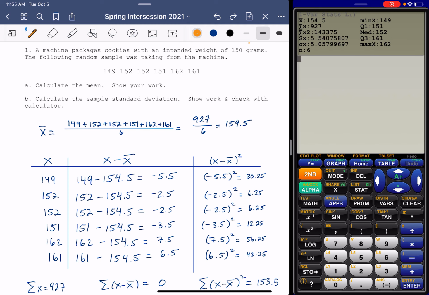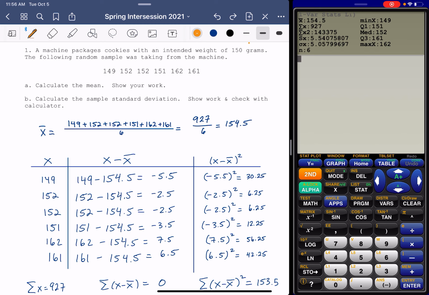So these values that they give us, we're going to put them on a column. You do not have to put these in order. If you have more than one data set or more than one value that's repeated, then make sure you write it out. Okay.